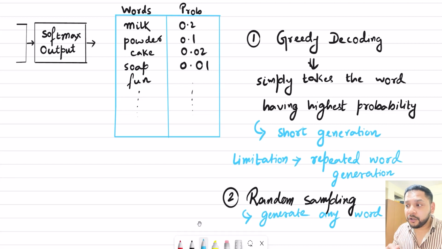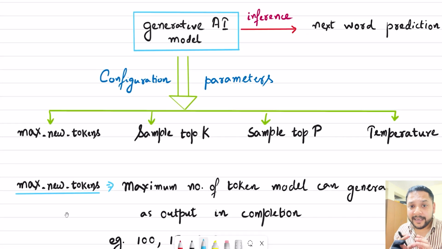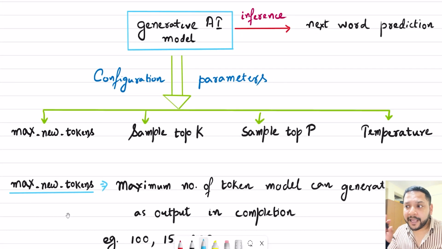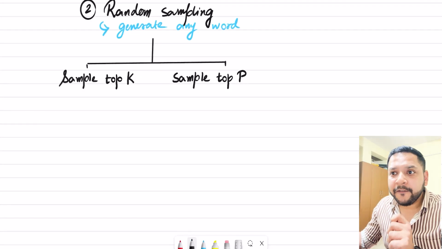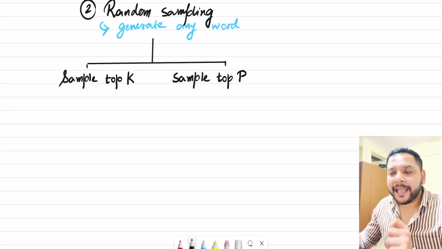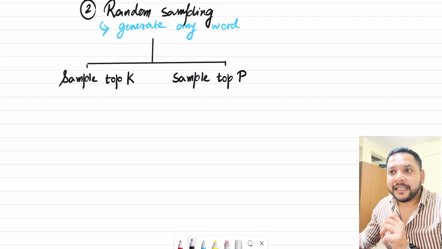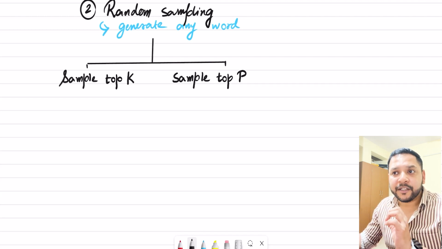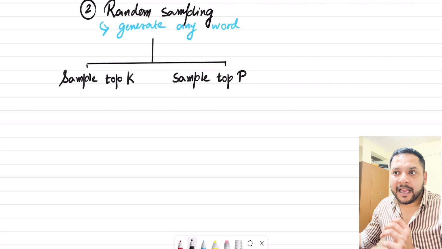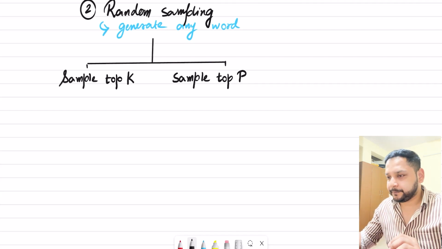So to control this random sampling, there are techniques like sample top k and sample top p. It means that if you use sample top k and sample top p, then the randomness will be less, and thus the next word prediction will make sense.